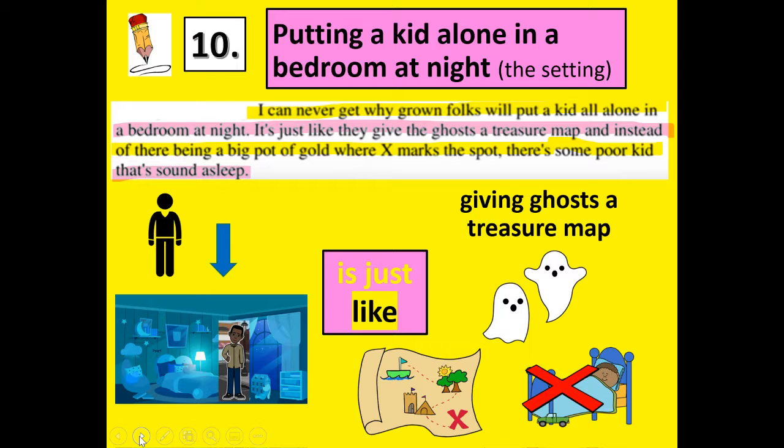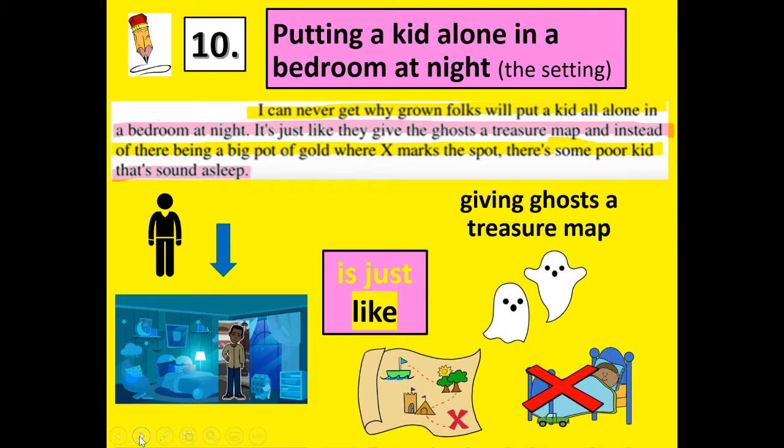So he's pretty afraid because he's comparing first the closet to being the perfect size for young Frankenstein and Wolfman. And then he's saying being alone in a bedroom at night is just like giving ghosts a treasure map.